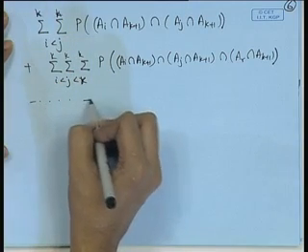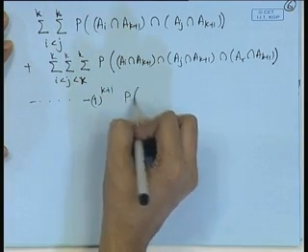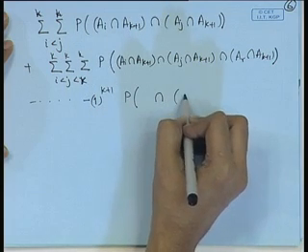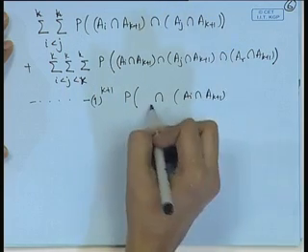And so on minus 1 to the power k plus 1 probability of intersection Ai intersection A k plus 1.